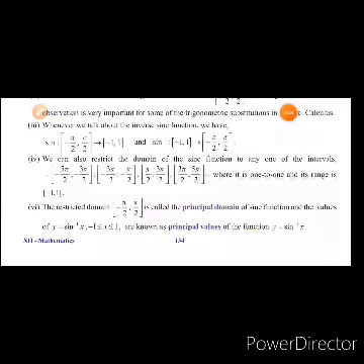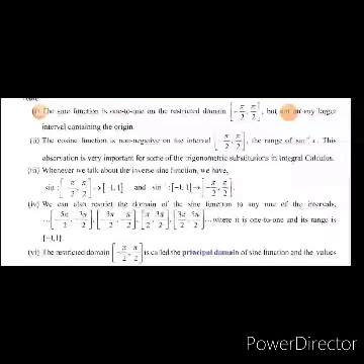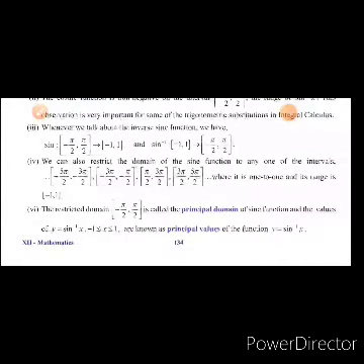Other things, please read carefully. Then the fifth and sixth are important; the sixth one is very important. The restricted domain minus pi by 2 comma pi by 2 is called the principal domain of the sine function, and the values of y is equal to sin inverse x, minus 1 less than or equal to x less than or equal to 1, are known as principal values of the function y is equal to sin inverse of x.